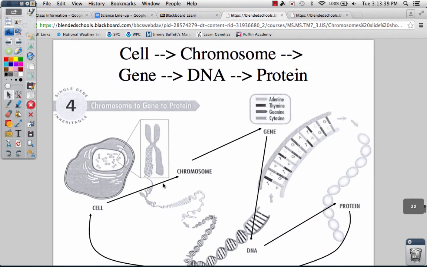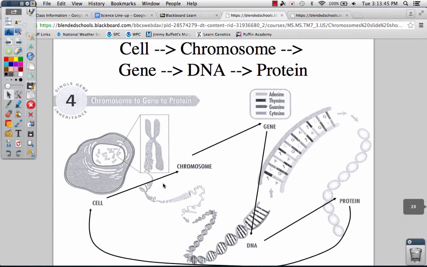All right, and here's the last slide. I said that I would go over this with everybody, so I am going to. When we look here, we know that the cell contains chromosomes, and the chromosomes carry genes, and genes are large segments of DNA.